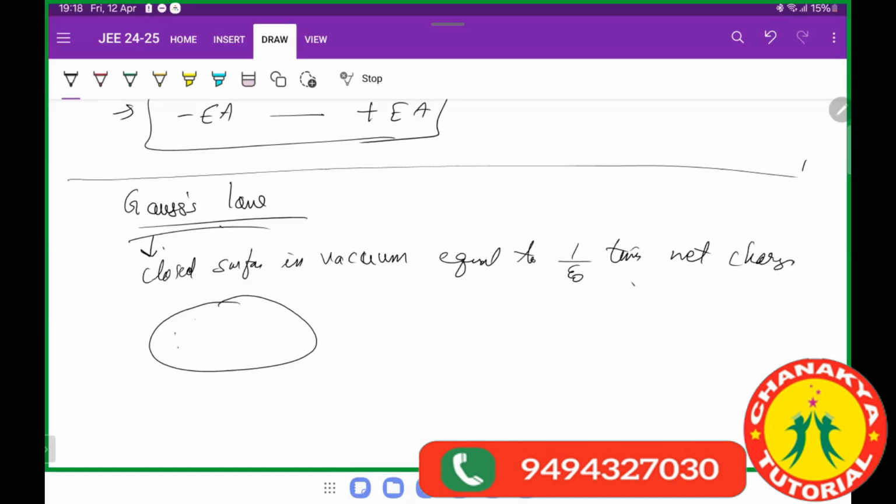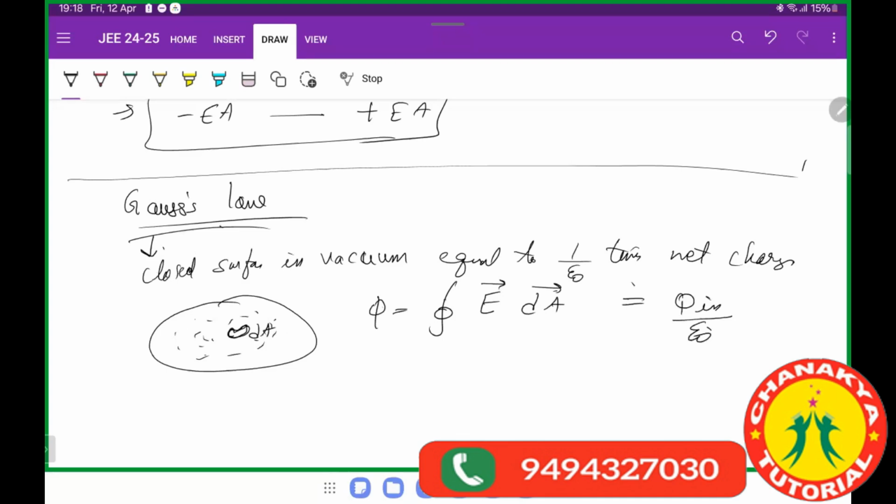So this is your closed surface. If we take a small area dA on it, then phi equals the closed integral of E dot dA, which equals Q in by epsilon naught.